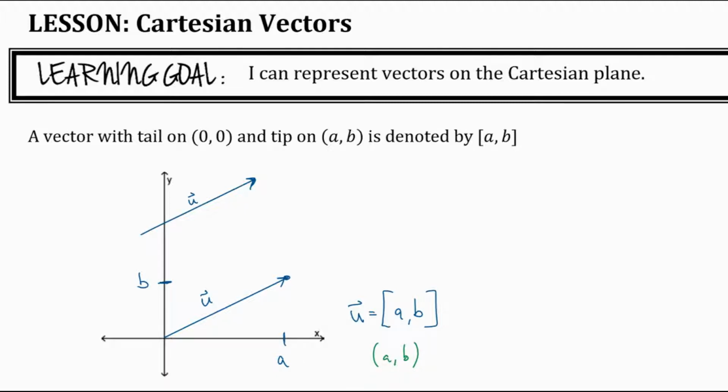And the only thing that's important about this vector is that the horizontal distance from tip to tail is still equal to a, and the vertical distance from tail to tip is b. It doesn't matter where it starts, but we still define the vector as its horizontal distance and its vertical distance. And this seems counterintuitive, I think, that vectors don't have to start in a particular position.